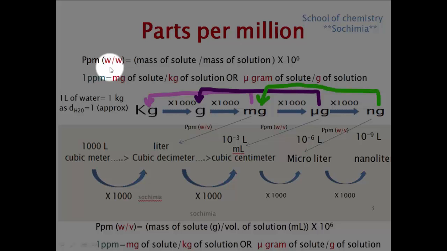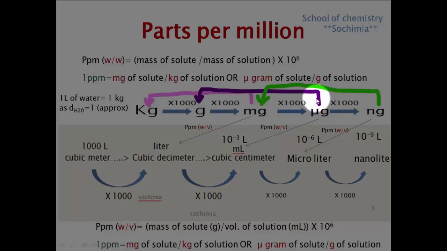As we know, ppm weight by weight is mass of solute over mass of solution with the same units of mass, into 1 million, or we can also say that 1 ppm is equal to 1 milligram of solute per kilogram of solution.